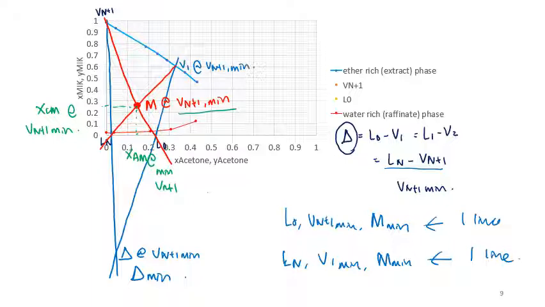Okay, so the original equation for X_AM is (L0 X_A0 + V_{N+1} Y_A,N+1) over (L0 + V_{N+1}).